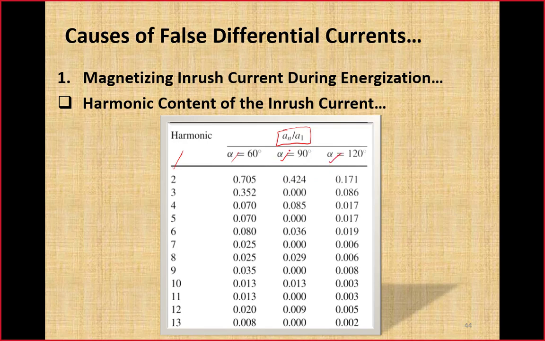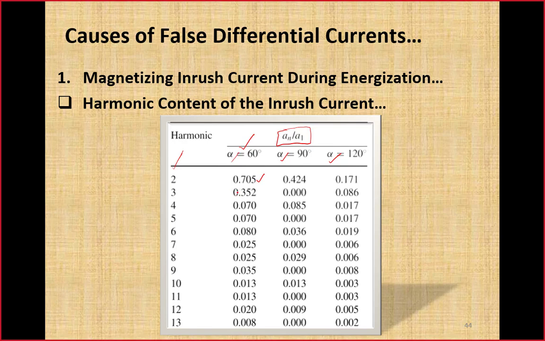Definitely when alpha is equal to 90 degrees, it means the transformer core was in saturation for a longer duration as compared to alpha is equal to 60 degrees. Same is the case for alpha is equal to 120 degrees. Now the thing to note here, for example in the first column where alpha was 60 degrees, the second harmonic component in inrush current was as strong as 70% of the fundamental component.